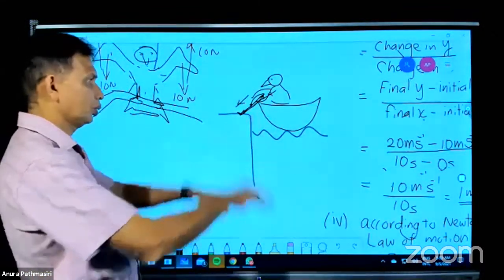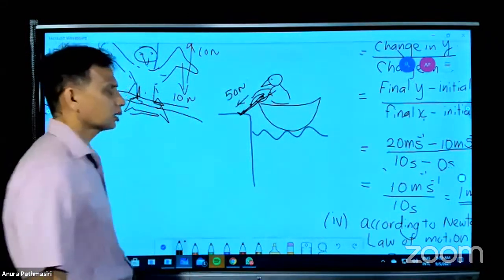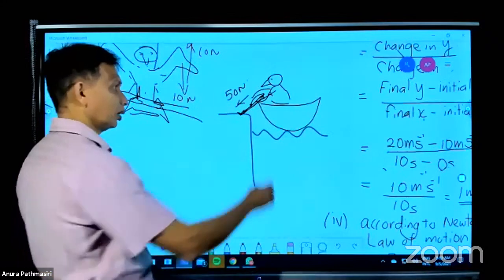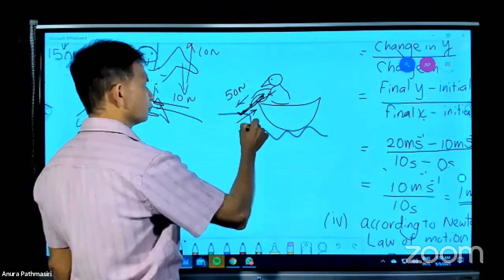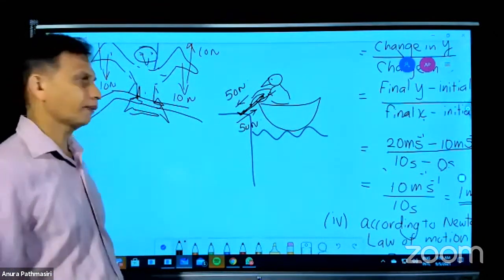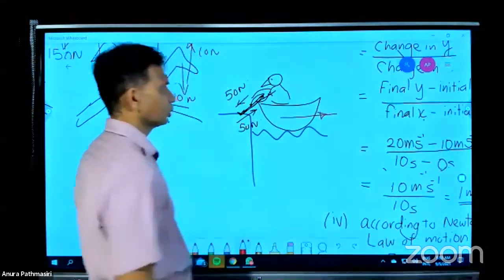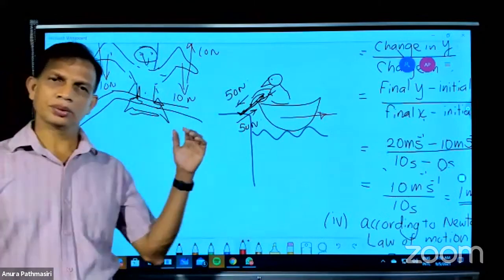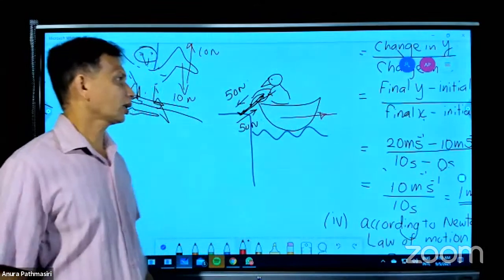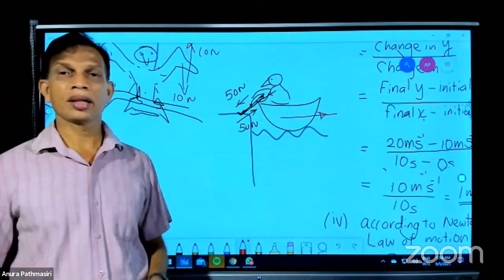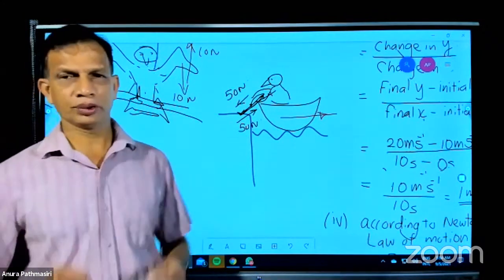He exerts maybe 50 Newton force on the stick, so the ground exerts 50 Newton force in return, resulting in a first motion of the boat into the sea. So it will be moving towards the sea as a result. These are the applications of Newton's third law of motion.